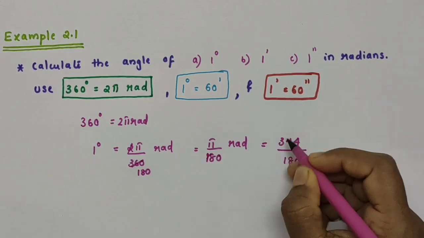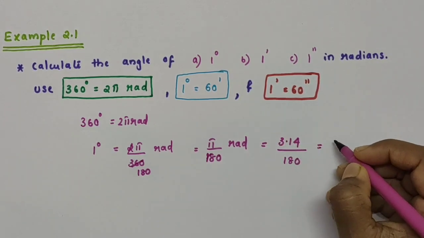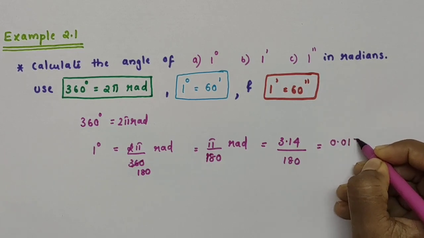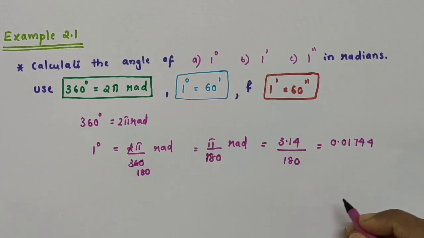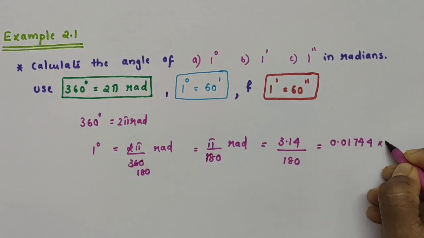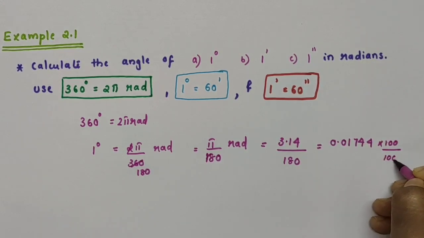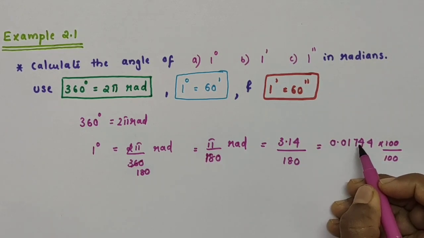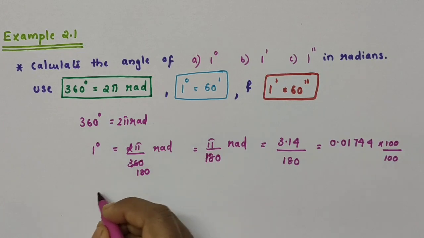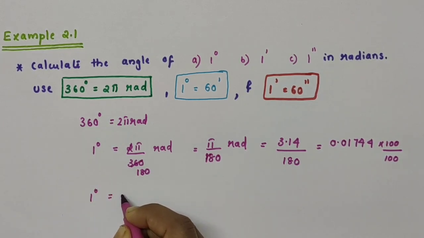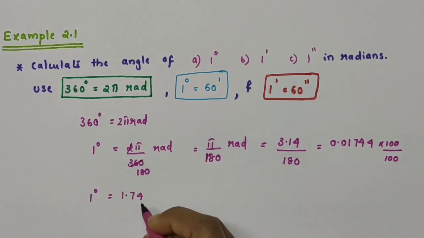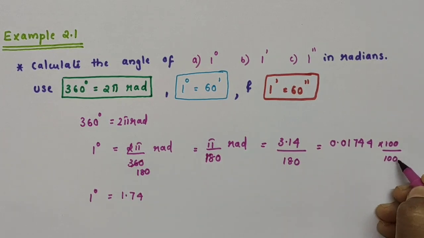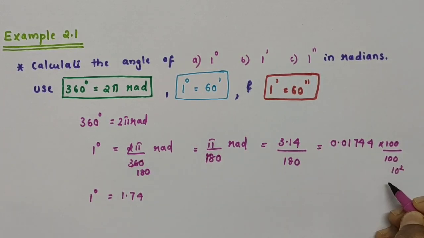While you are calculating this ratio, you will get 0.01744. Now I am simply multiplying this with 100 and dividing with 100. 0.01744 into 100 will be equal to 1.744, and here we have 100, which means 10 square.